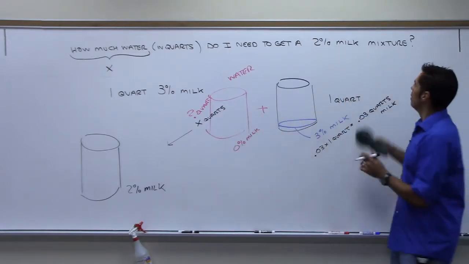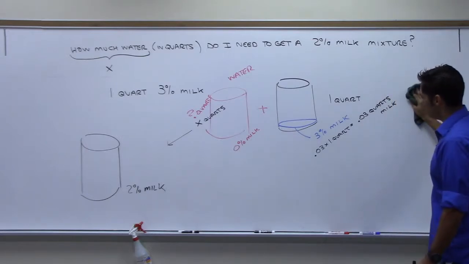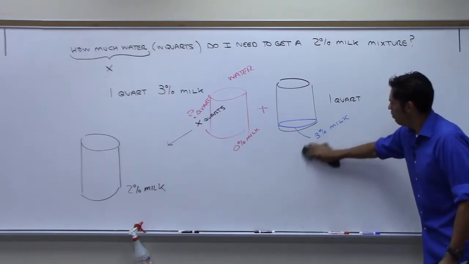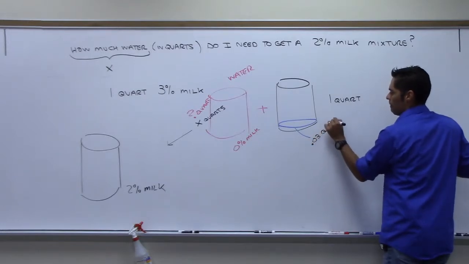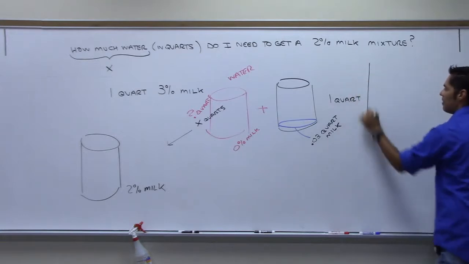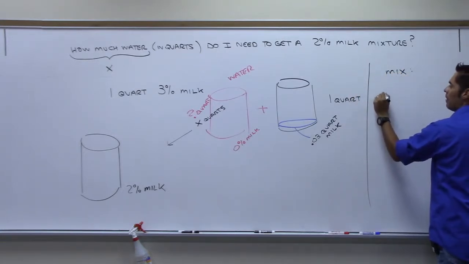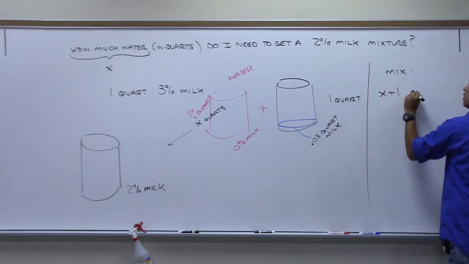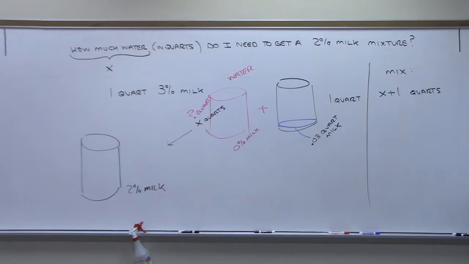Agreed? So your mixture, I'm running out of room here. I'll leave this. This was 0.03 quarts of milk. Okay, when I add them, the mixture, I will have X plus 1 quarts.